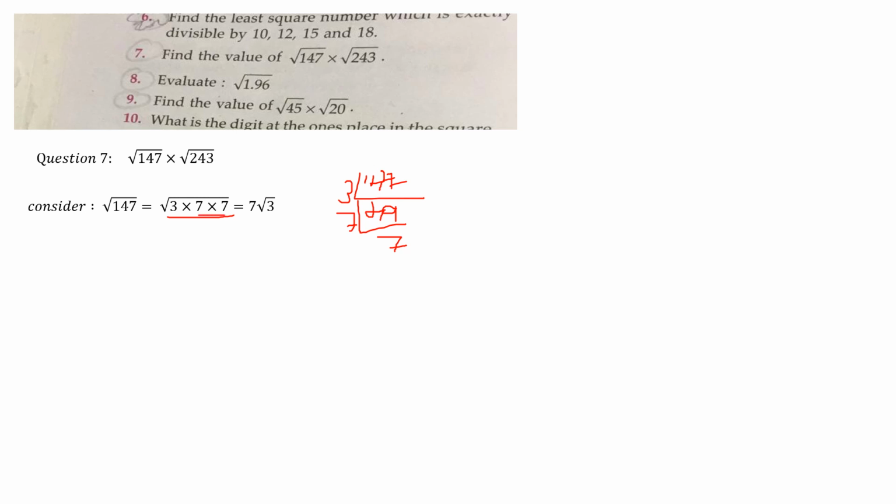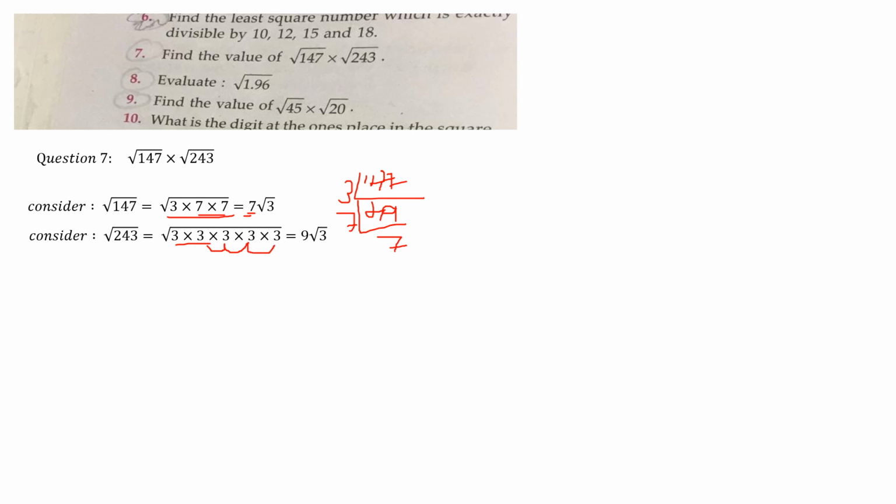Your 7 has a pair, so we write it out, and root 3 is without a pair, so we write square root 3 as it is. The same way, considering 243, let us factorize it. We have 3 into 3 into 3 into 3 into 3: 3 3s are 9, 9 3s are 27, 27 into 3 is 81, 81 into 3 is nothing but 243.